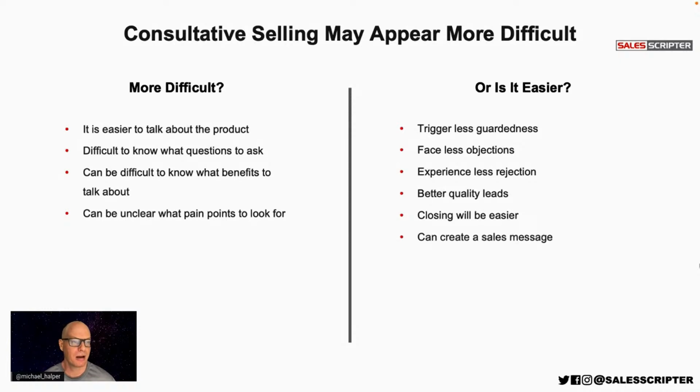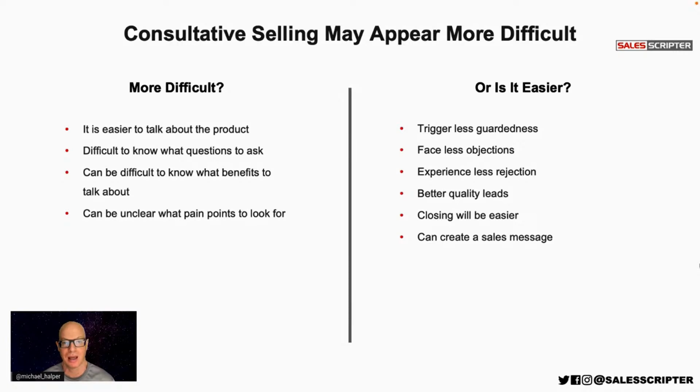And the other thing, getting back to not knowing what questions to ask or what benefits to talk about or what pain points to look for, is that with our approach, you can create a sales message on the front end. It's about stopping selling, taking a step back and organizing your thoughts to create a sales message, and going through a process to organize: okay, this is what I sell. I got that. Now, what improvements does that deliver?